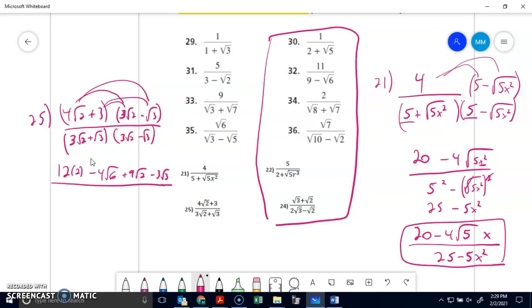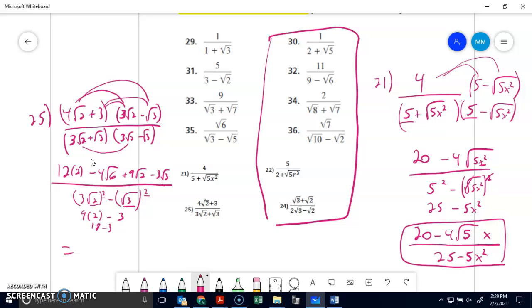None of those are like terms, so there's really nothing that's going to combine there. But anyway, then I come down here and I distribute. But that's a conjugate rule, so we're going to do the 3 square root of 2 squared minus the square root of 3 squared. So that becomes 9 times square root of 2 squared, which is just 2. Square root of 3 squared is just 3, so what I have is 18 minus 3, or 15.